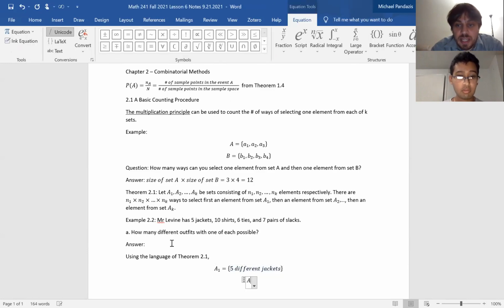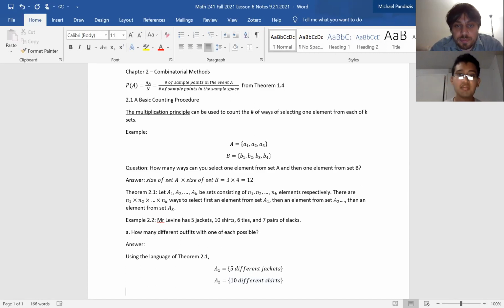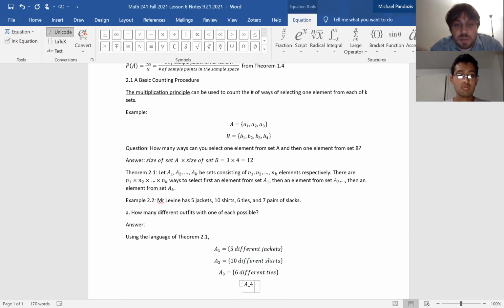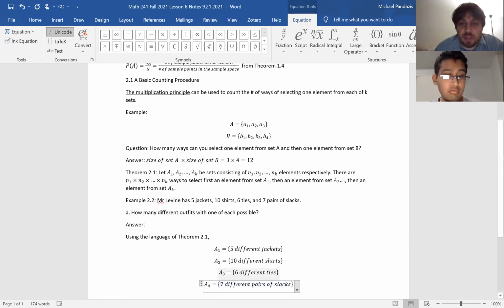The set A2 is the set of 10 different shirts. The set A3 is the set of 6 different ties. I'm saying they're different because I want you to think of each of these things as different elements in a set, right? So we have 6 elements in that set, not 1. And then A4 is the 7 different pairs of slacks.